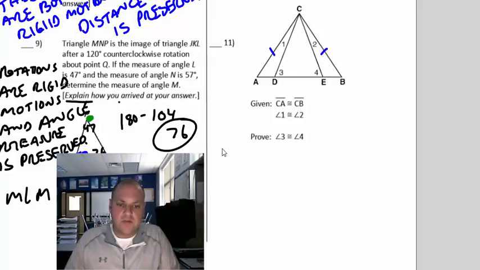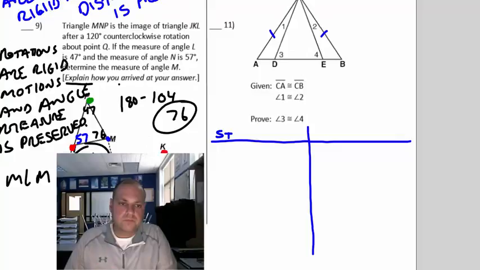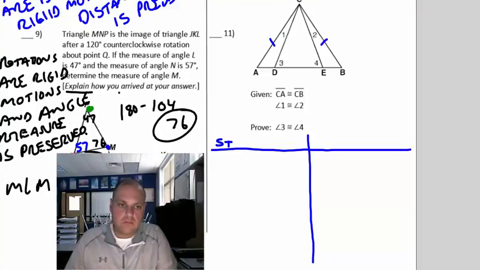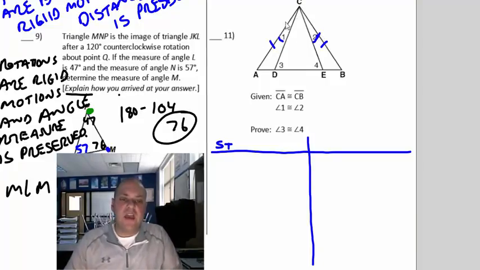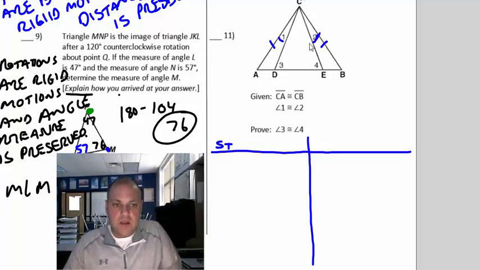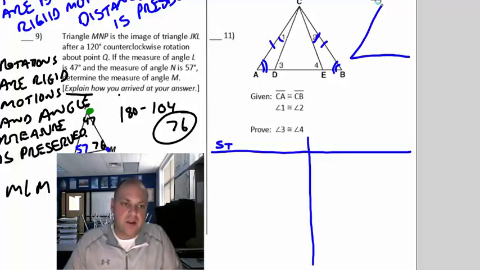All right, so I'm going to do statements and reasons, right? Statements, reasons. Angle 1 is congruent to angle 2. So that's good. Now, if CA is congruent to CB, and angle 1 is congruent to angle 2, we also know angle A is congruent to angle B, because, again, if you look at the big triangle, ignoring these lines in here, if this side's congruent to this side, this angle is congruent to that angle.